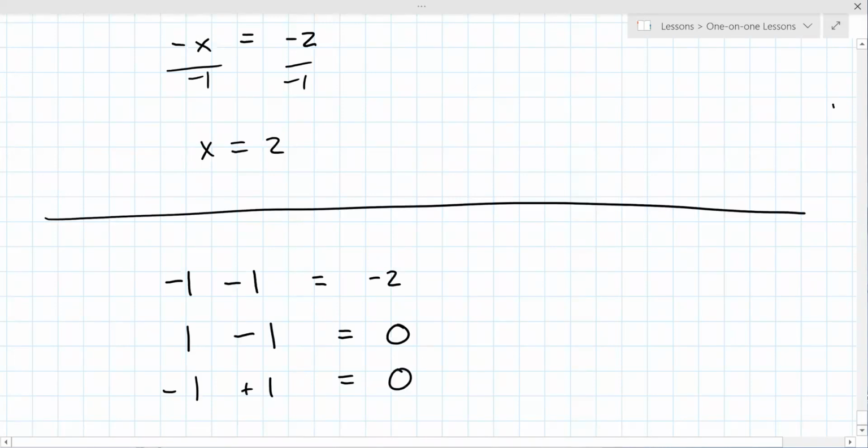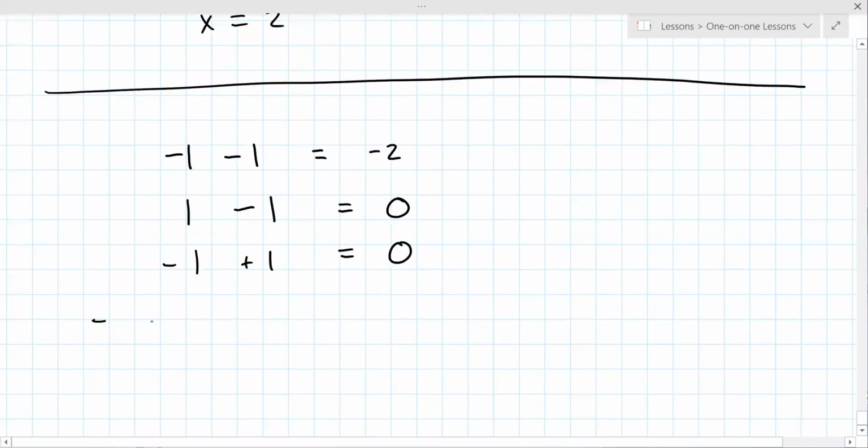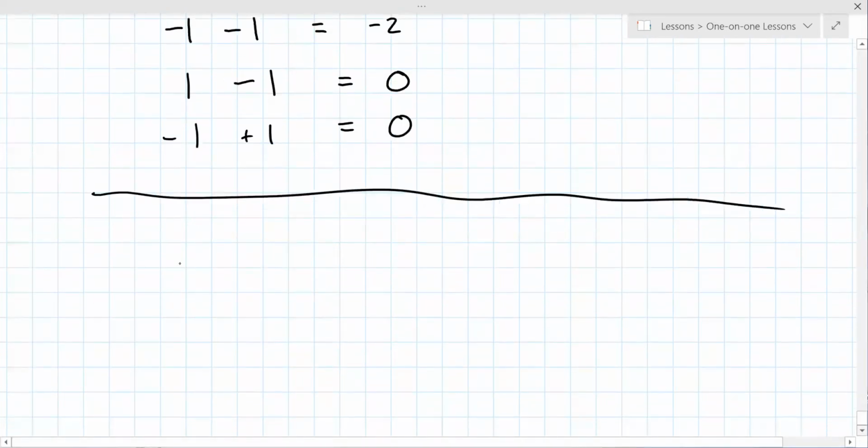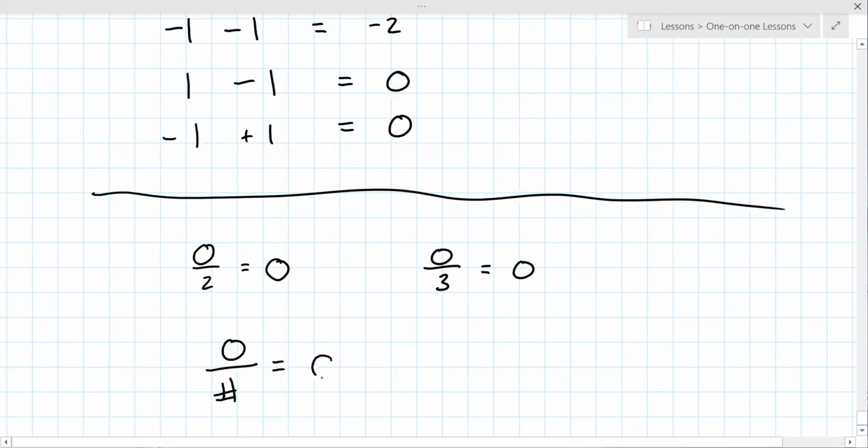Good. Now let's try one more thing before we close out. What is 0 divided by 2? 0. What is 0 divided by 3? 0. What is 0 divided by any number except 0? 0. Yes. Excellent. So that might come into play next time.